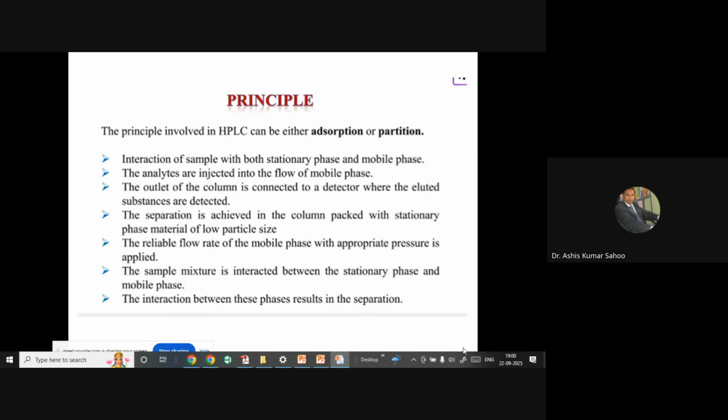So what is removed from the system will be detected in the detector. The separation is achieved in the column packed with stationary phase material of low particle size, a reliable flow rate of mobile phase with appropriate pressure is applied, and the sample mixture interacts between the stationary phase and mobile phase. As a result, we can separate.